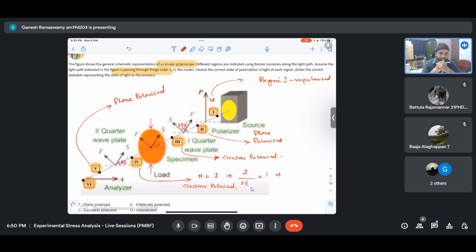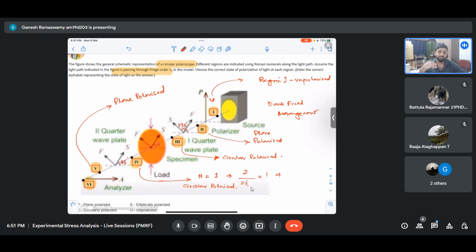So we know that this is a dark field arrangement. Based on our knowledge of Jones calculus, we have seen it in the first question also, what is the condition for light extinction? And we know that this arrangement will essentially give us a dark field.